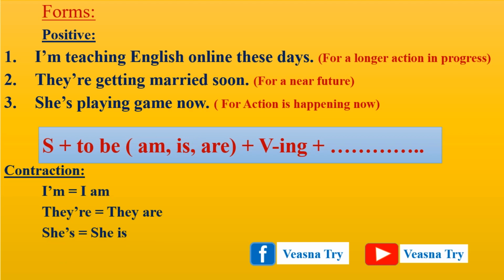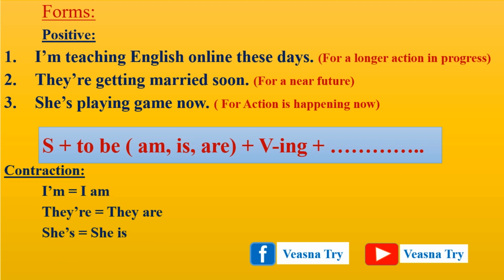So I is the subject, am is verb be, and teaching comes from verb plus ing, and something else behind: English online these days. And it's also at the end of this sentence I show you about the usage of a longer action in progress, right? Mean I'm teaching English for a long time, but it's still in progress, it's still continuing.